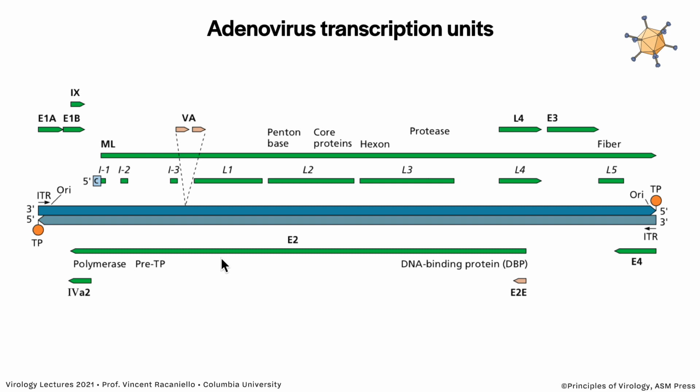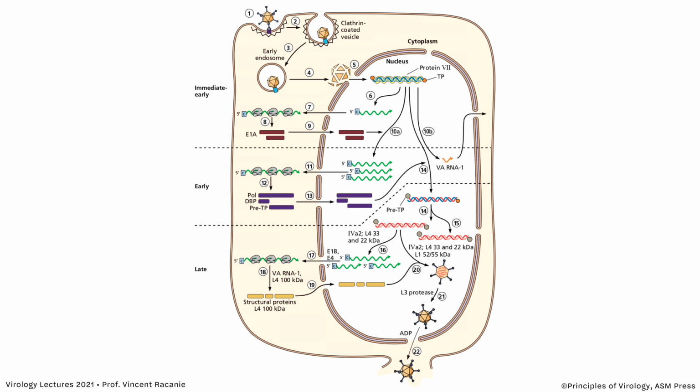Once DNA replication starts, you activate the late promoter, called the major late promoter, ML. It gives a huge transcript that encodes many proteins: penton base, core proteins, hexon. These are structural proteins to make virus particles. So late is when you make the virus particles, because you've got DNA replicated by then, since the early region genes encode the DNA synthetic apparatus.